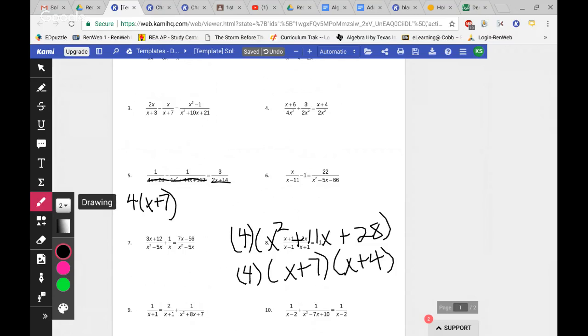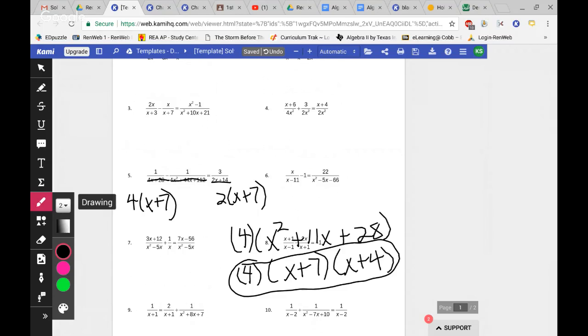And over here, that leaves you with x plus 7. So this whole big long thing is going to be the least common multiple that you're going to multiply both sides of this equation by.